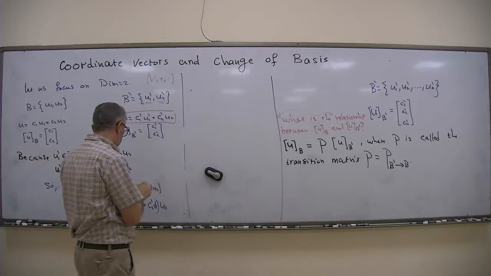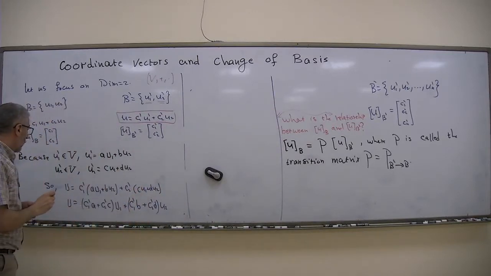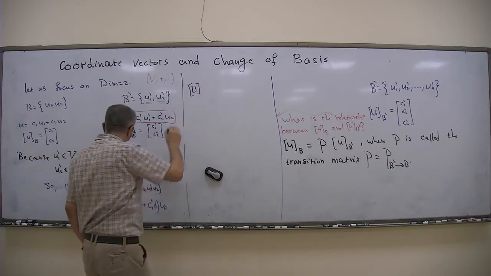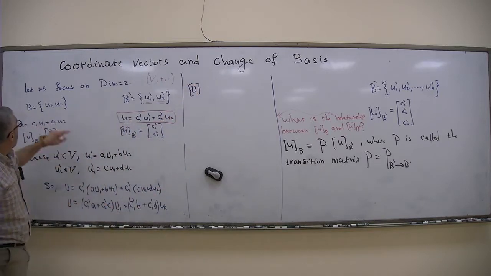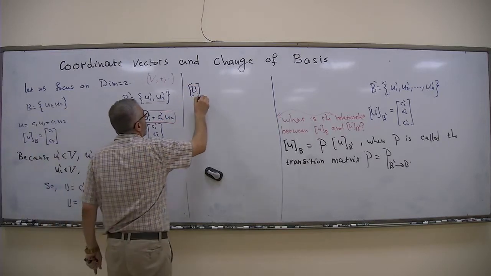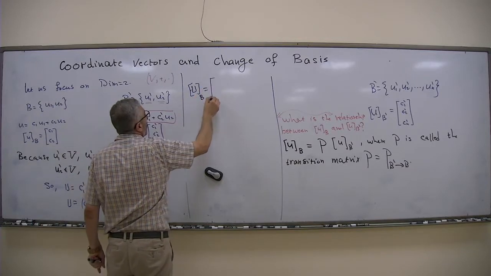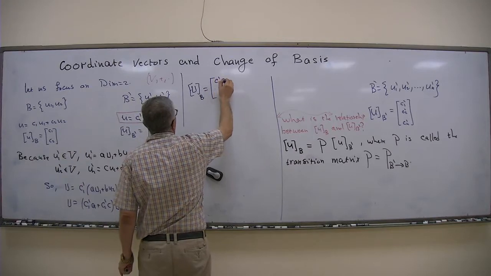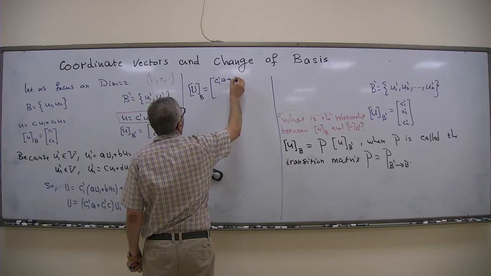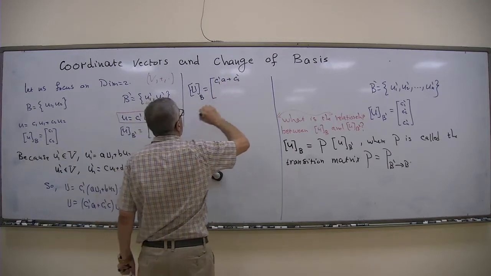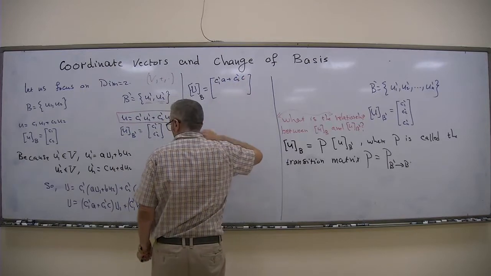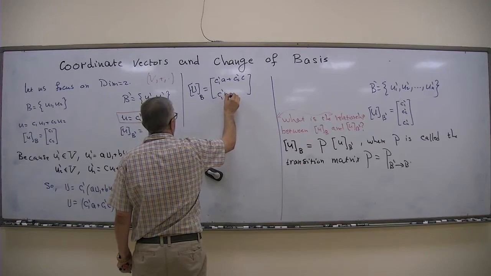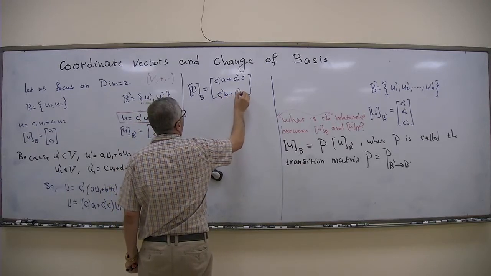And now we get the coordinate vector of U with respect to B is going to be C1 prime A plus C2 prime C, and here C1 prime B plus C2 prime D.